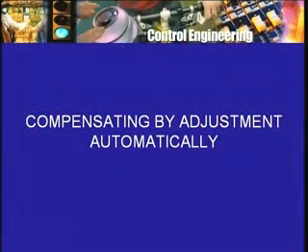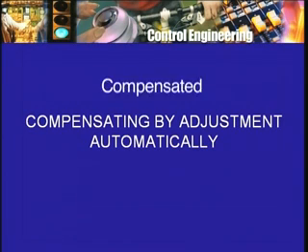Now, if the parameters change, I don't want to keep on measuring them, making recalculations and making readjustments. I would like something to take place automatically so that the effect of the parameter variations can also be countered. The word used in a more technical sense later on is that this change is compensated.